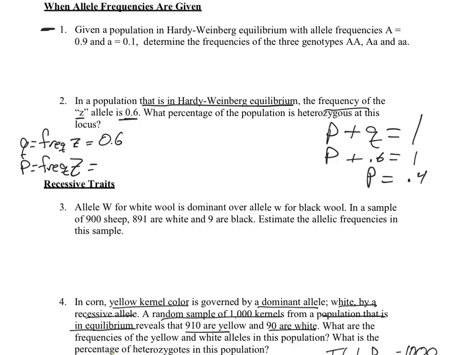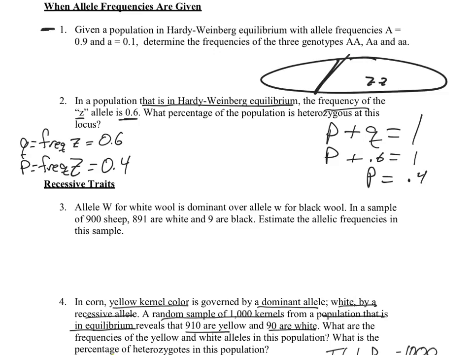which turns out to be 0.4, because think about it for a second. I know there's some of you out there that don't understand this. If you have a gene pool that's all the genes in the population, and about 60% are little z's, then the dominant allele is what?